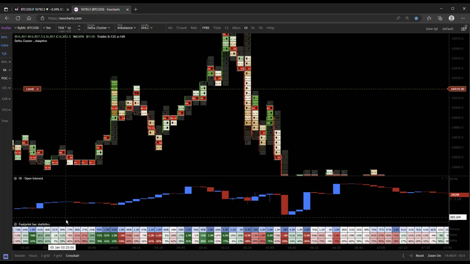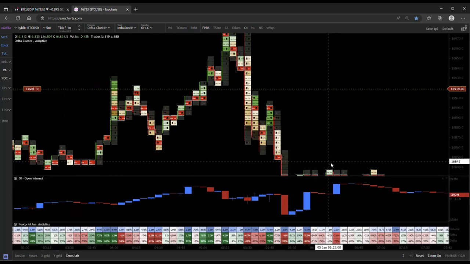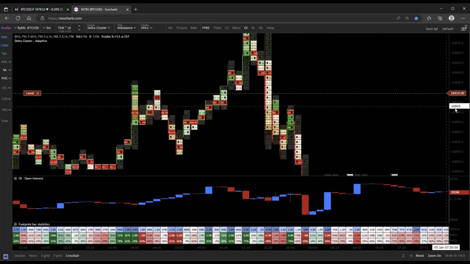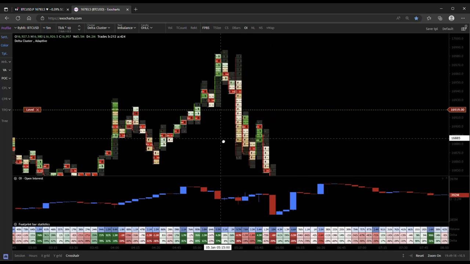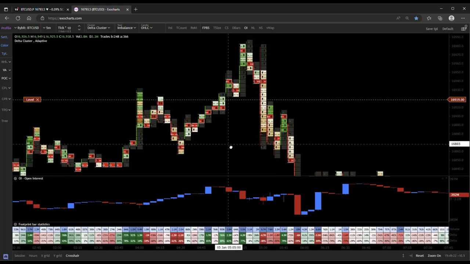When open interest is increasing and price is going down, that's new shorts coming in. Now this open interest is just more of an extra confluence. In this sort of strategy, I wouldn't really call it a strategy, I'd just call it more confluence.